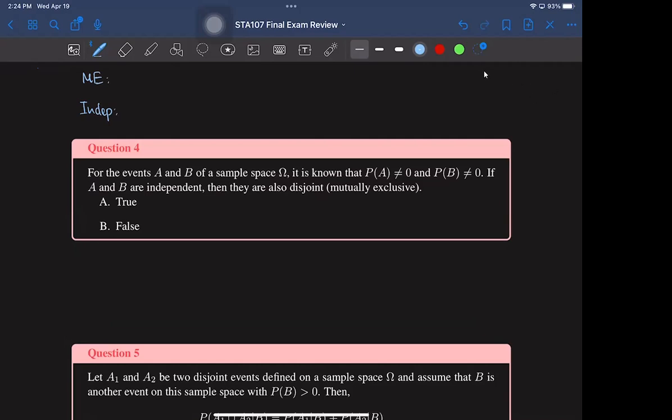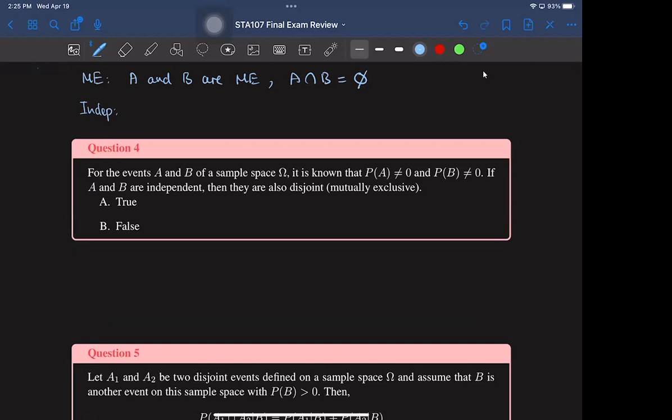Let's recall the definition for mutually exclusive and independent. You say that A and B are mutually exclusive if they don't have any element in common, so the intersection of A and B is an empty set. An example of mutually exclusive events is that you pass STA107 and you fail STA107.